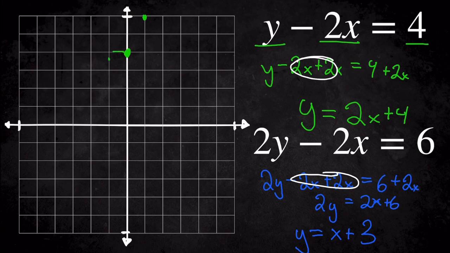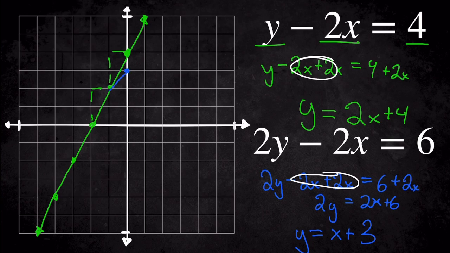And we do the opposite, which we go here. Now we draw the line. And now for the other one, y equals x plus 3, the y-intercept is 3, so that's right here.